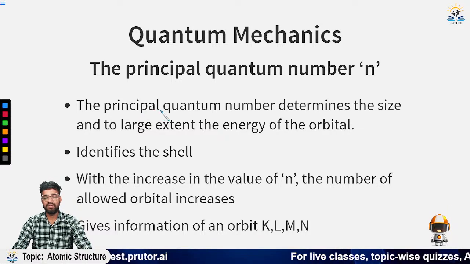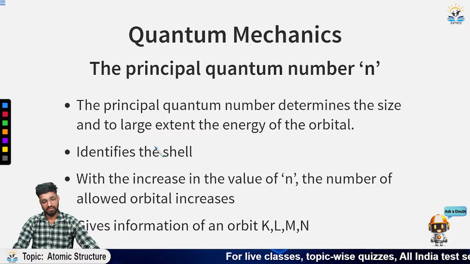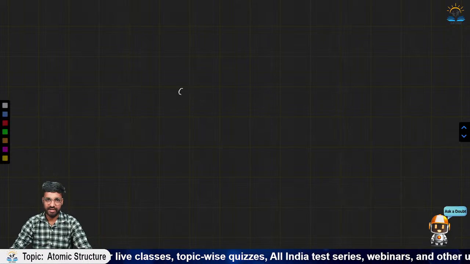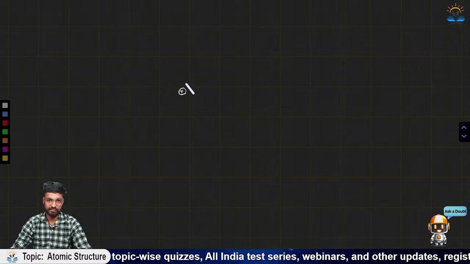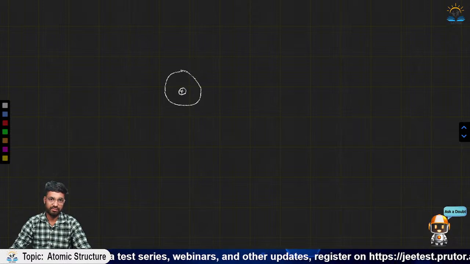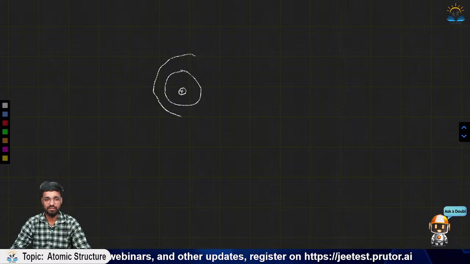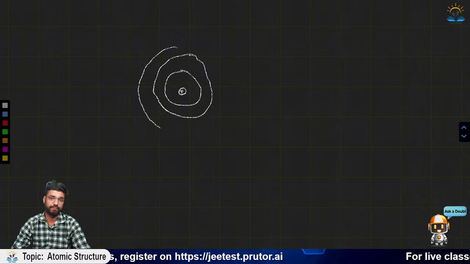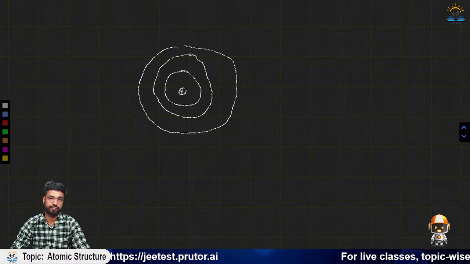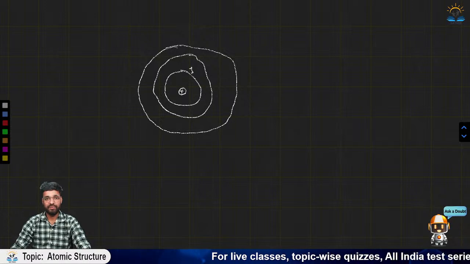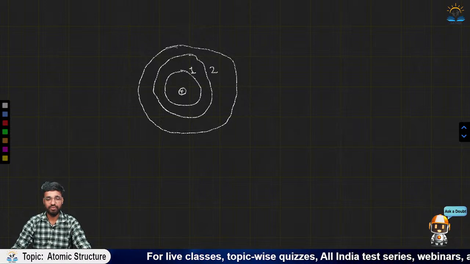First is the principal quantum number. Suppose you are given an atom, the nucleus is here, and we have different shells. This is shell 1, this is shell 2, and this is shell 3. I am representing these with 1, 2, and 3.